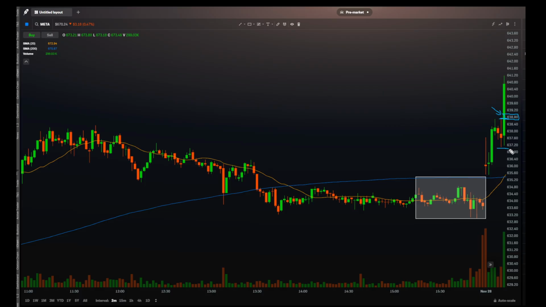Stop loss right under the event, about 1637.10, somewhere around that range. Our goal is to ride this up to new highs and only exit once price gets back underneath the trending 20.